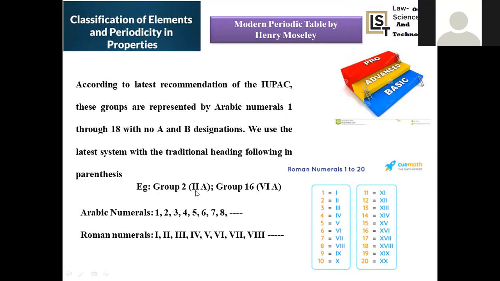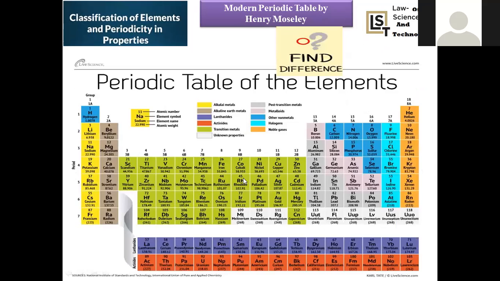Group 2 was earlier indicated as 2A. Group 16 was earlier 6A. So these are now replaced with groups 2 and 16 in Arabic numerals. Now let us see the modified modern periodic table, which is approved by the IUPAC.